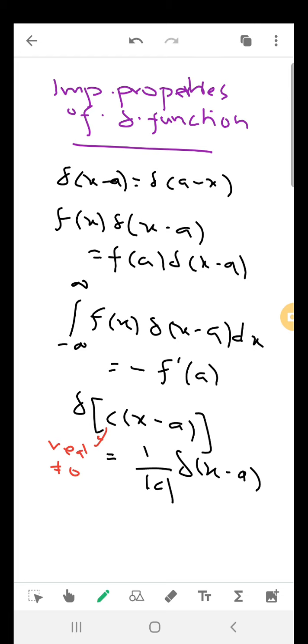Now there are some conditions in quantum mechanics based upon this Dirac delta function.